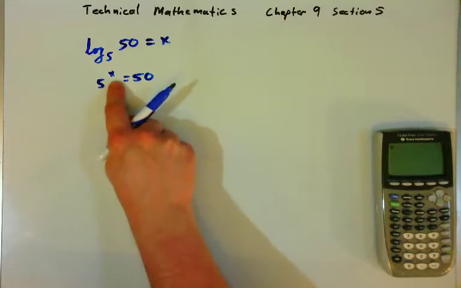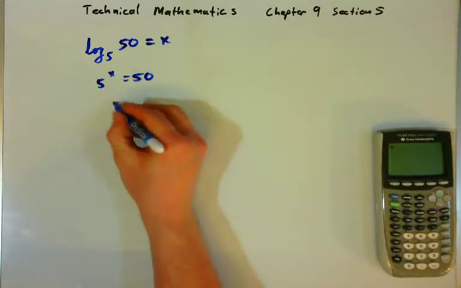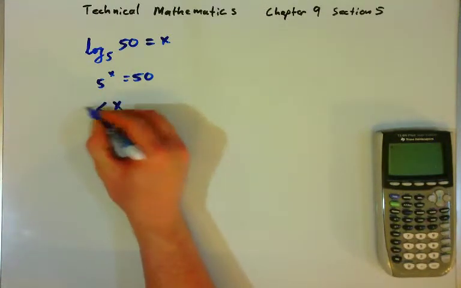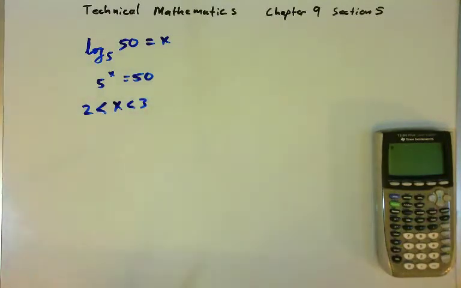So is it 2? Well, 5 squared is 25, so it's not 2. Is it 3? Well, 5 to the third power is 125, so it's not 3. It's somewhere between 2 and 3, right? X will be greater than 2, but less than 3. Well, what is it exactly? It's a decimal.